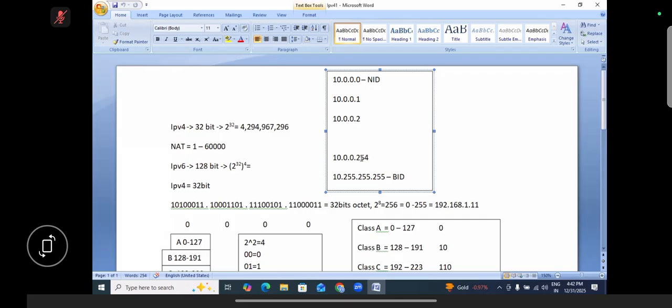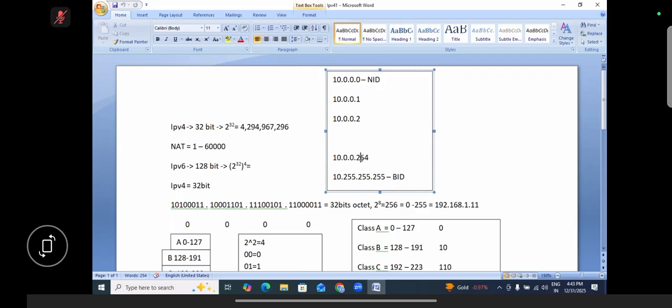So 0 to 255 chairs. 0 chair for admin, 255 chair for me, and the remaining in between are all the chairs for you. How many chairs will we have? 254 valid chairs. Those are all valid chairs for students. I hope you got it now.